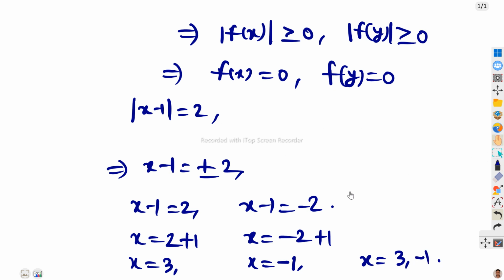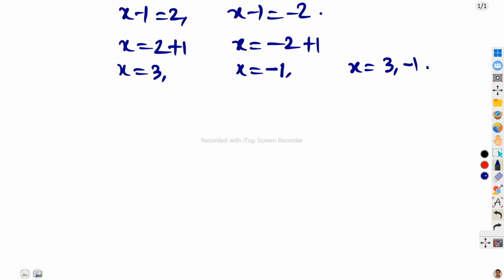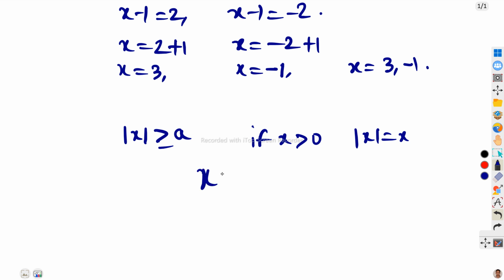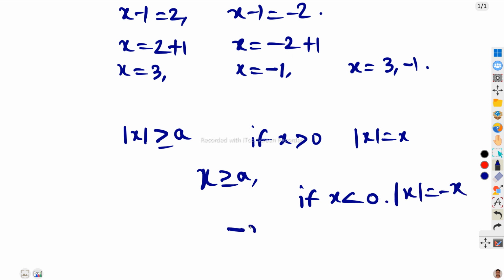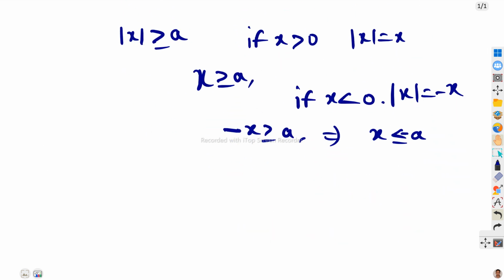Again, we also have to discuss some inequalities. If |x| is greater than a, then if x is greater than 0, |x| = x, so x is greater than a. And if x is less than 0, |x| = −x, and −x is greater than a, which implies x is less than −a.